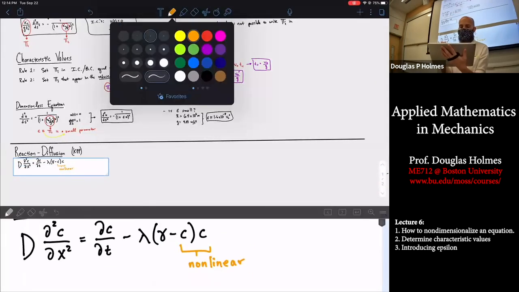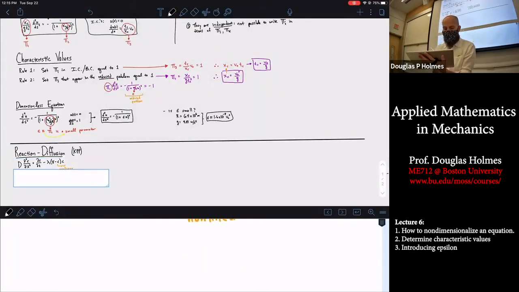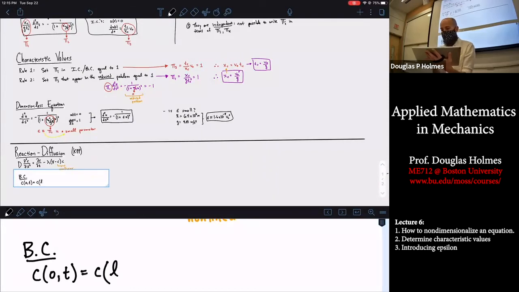Some other things that you need to know is that we have initial and boundary conditions. So our boundary conditions are the concentration at x equals 0 for all time, and the concentration at some distance L for all time, is equal to 0.